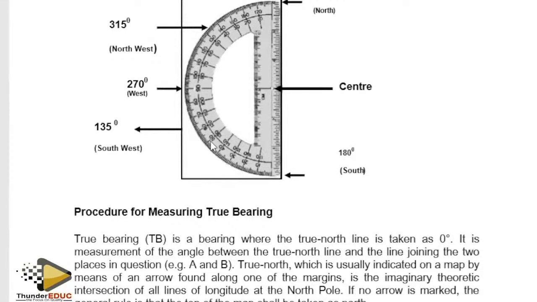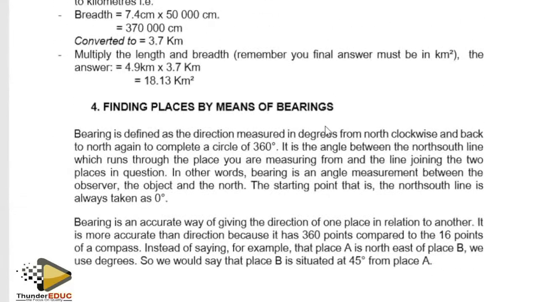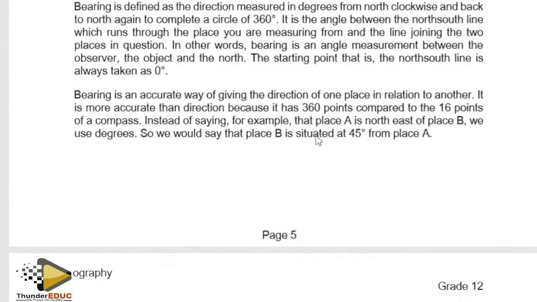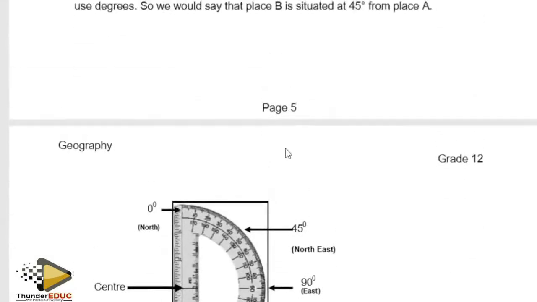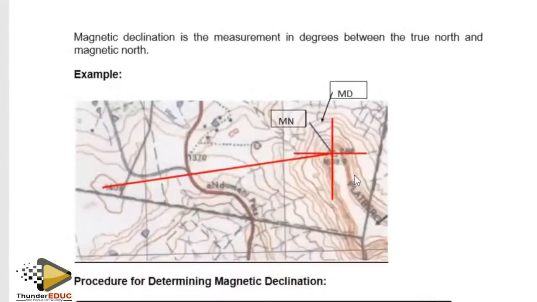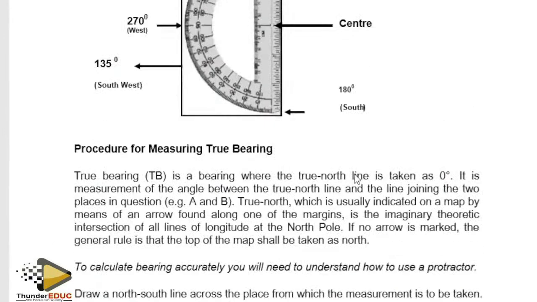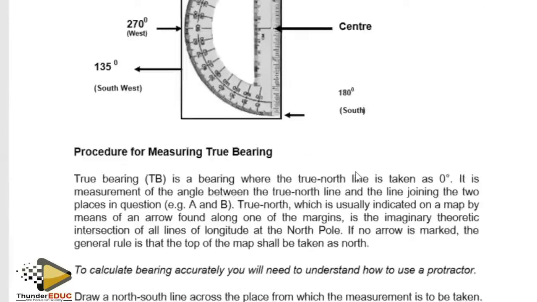This protractor is the one you are going to lay on your page so that you can measure. But what is more important here is for you to know which one is the starting point in my question paper. When you are reading and you know your starting point, then it becomes very, very easy.